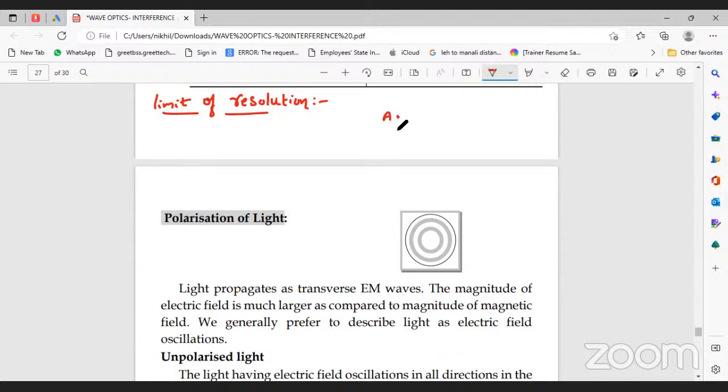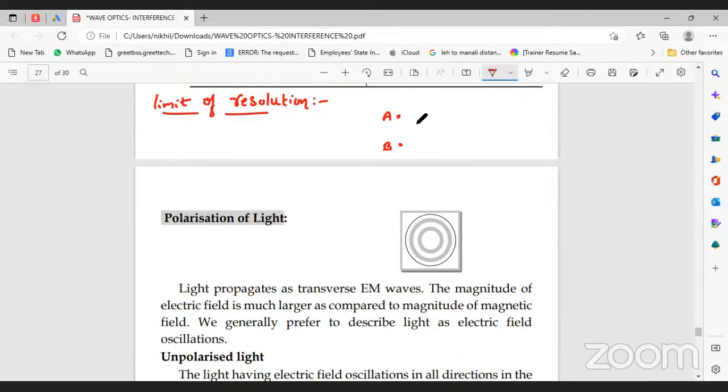This is A and this is B. You can distinguish these 2 points. You can clearly identify the 2-point objects, right? Yes, sir.